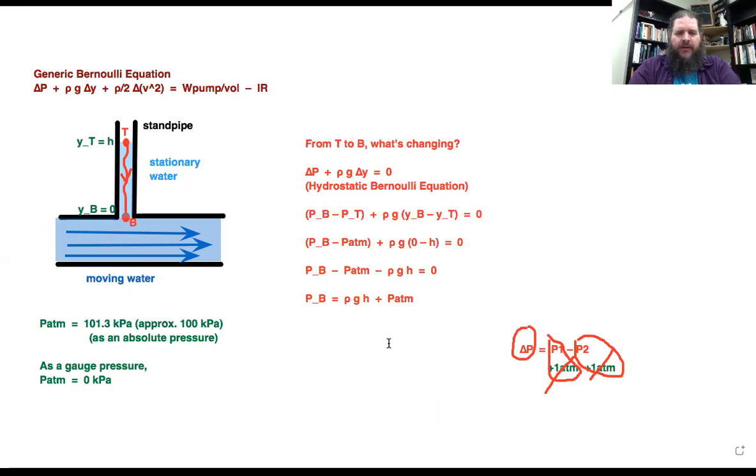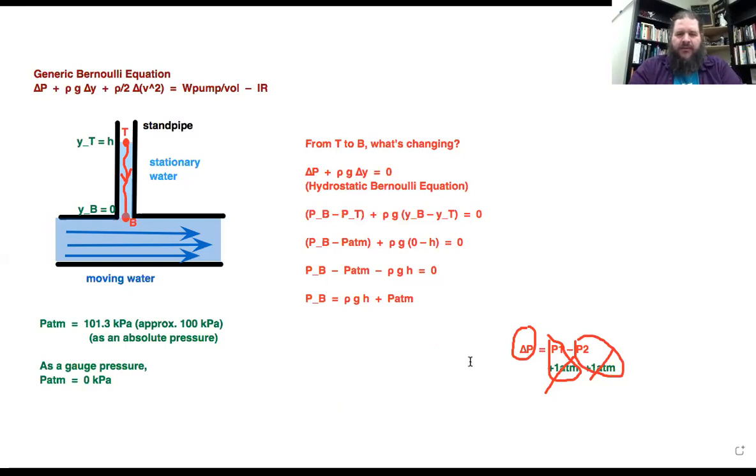If we're talking about water as the fluid, what would be the density? I think it's like 1,000 kilograms per centimeter cubed. Per meter cubed. It's 1 gram per centimeter cubed, but that works out to 1,000 kilograms per meter cubed.